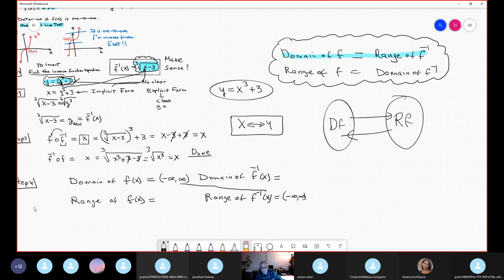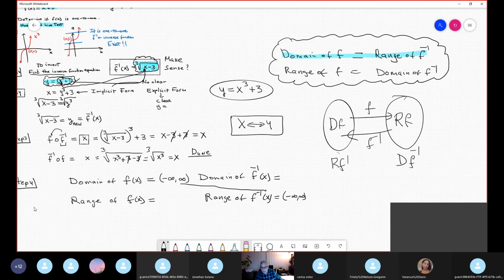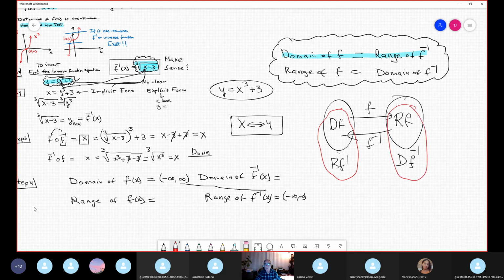But now you change the direction: this is the domain and range of the original function, and this is the domain and range of the inverse. So this one is equal to this one, and this one is equal to this one. It's exactly the same thing in too many words. But what about the range?